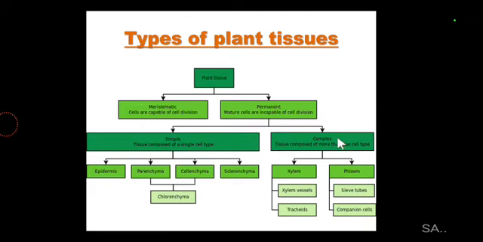While the complex or the compound permanent tissues are composed of more than one cell type, and I've mentioned here the xylem and the phloem. The xylem is made up of xylem vessels and tracheids, while phloem is made up of sieve tubes and the companion cells. So you can see here that these are made up of different types of cells, so they are complex or compound permanent tissues.